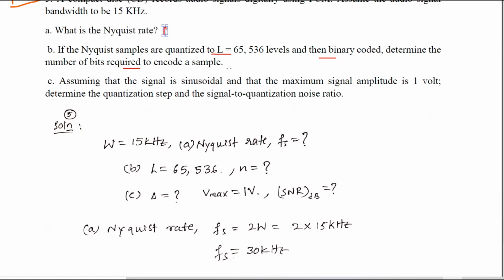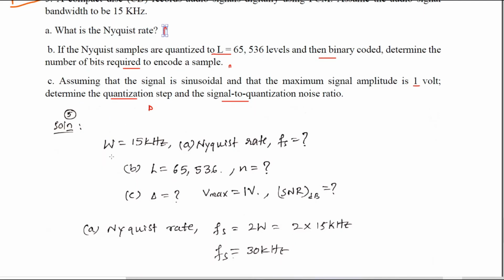Then we need to calculate N. Assuming the signal is sinusoidal, that the maximum signal amplitude is 1 volt, determine the quantization step and signal to quantization noise ratio. So we need to calculate delta and then signal to noise ratio at the output.